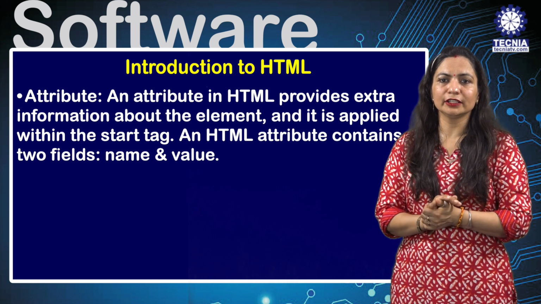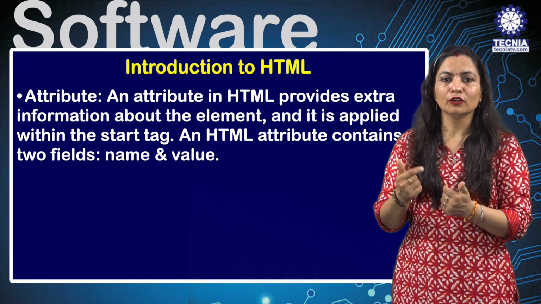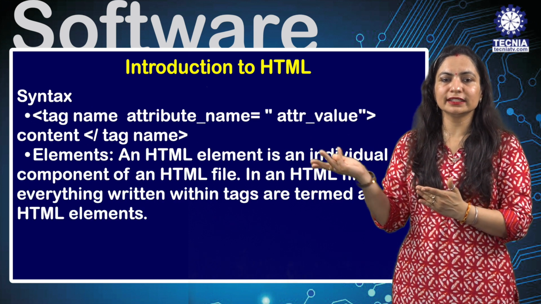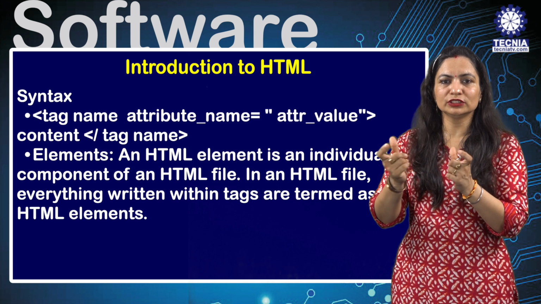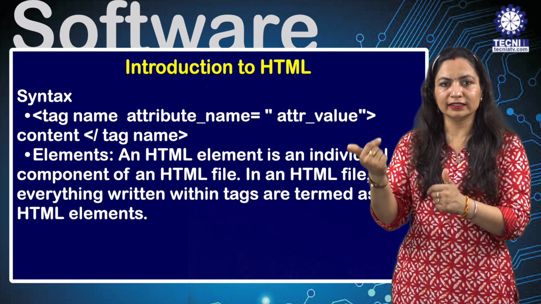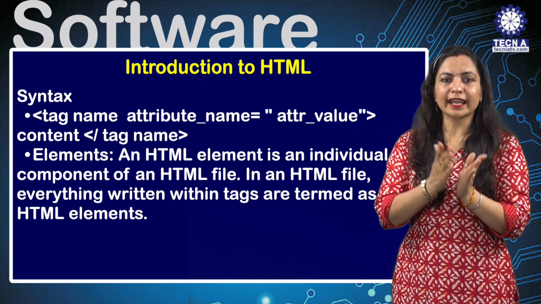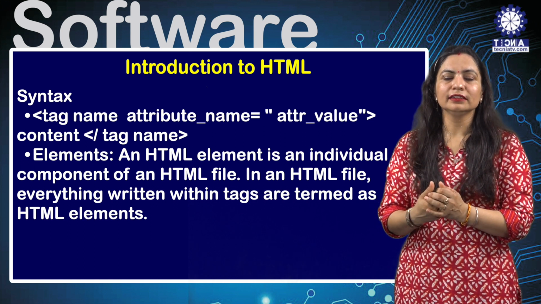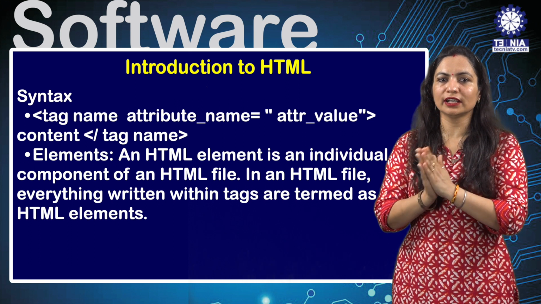An HTML attribute contains two fields: one is name and the other is value. You can see the syntax here. First we use the tag, then the tag name, and with the attribute name and their attribute value, content, and then we have to close the tag.